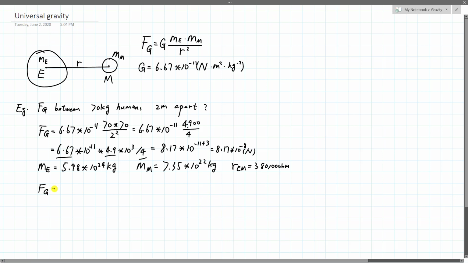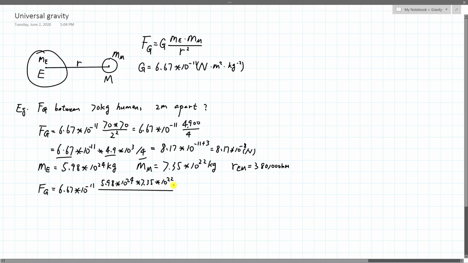Must be a lot, right? So 6.67 times 10 to the minus 11, and the two masses are multiplied together. So 5.98 times 10 to the 24 times 7.35 times 10 to the 22nd.